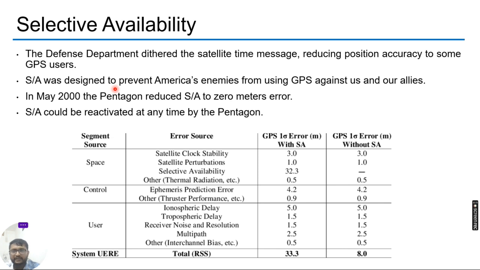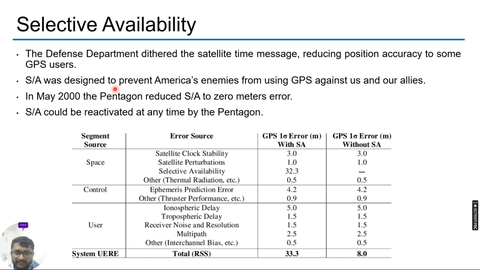Then we have some terminologies related to GPS. One of them is selective availability, which was defined by the defense department. The GPS signal was available, but only for selective purposes or selective users.